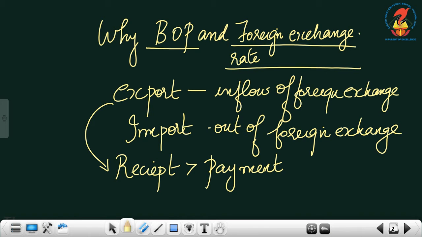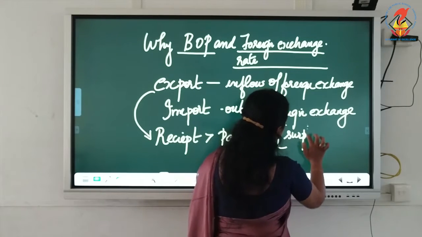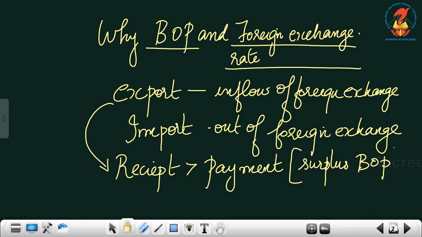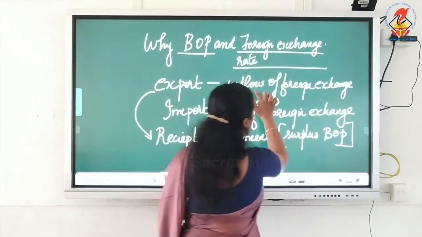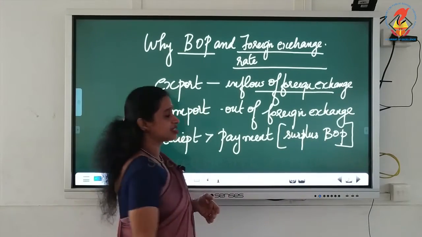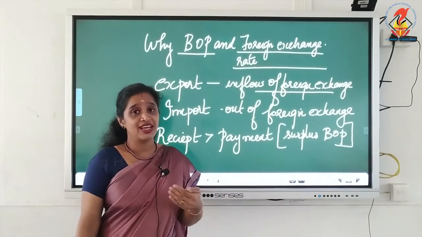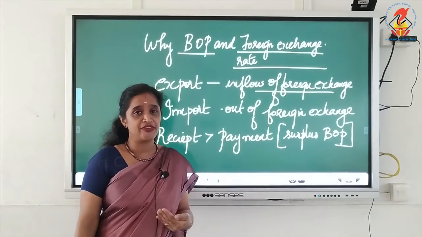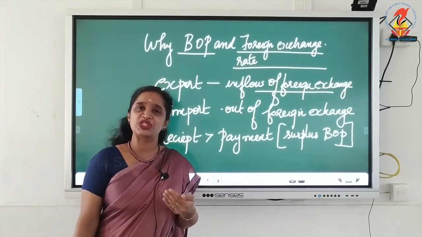If receipt is greater than payment, we have learned there is a condition of surplus balance of payment. So, when do we know there is a surplus of balance of payment? If a receipt is greater than payment, or if the inflow of foreign exchange is greater than the outflow of foreign exchange. There we can find out the significance or the relationship between foreign exchange and balance of payment.